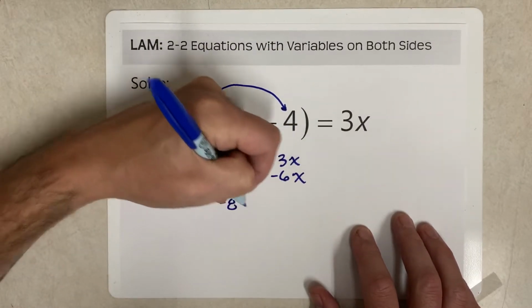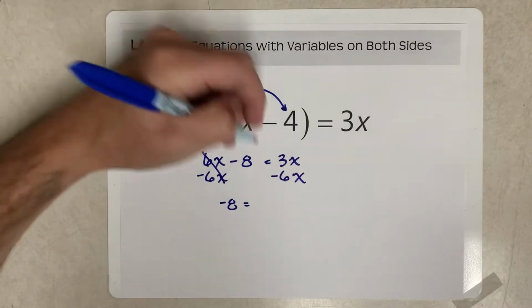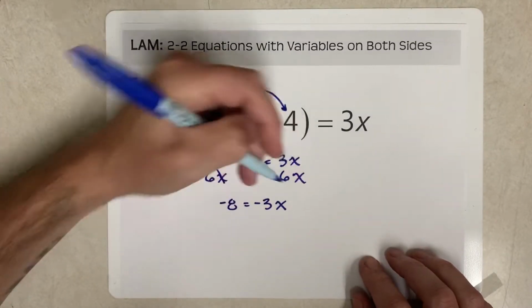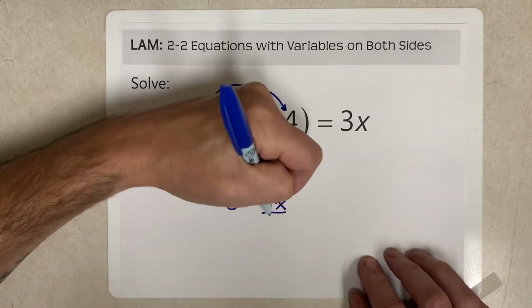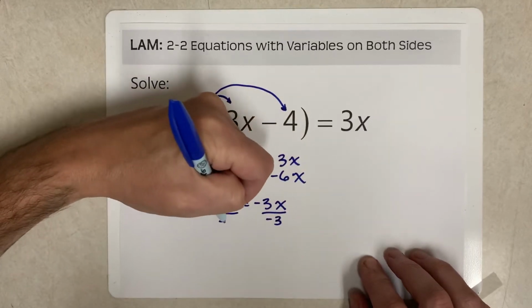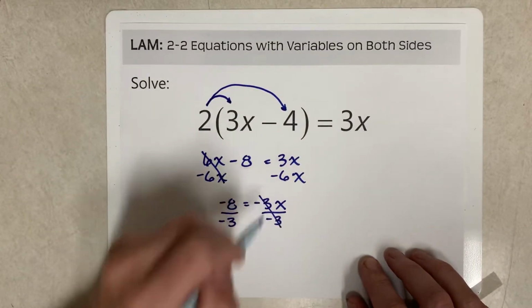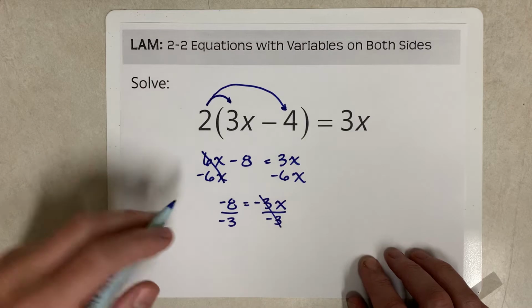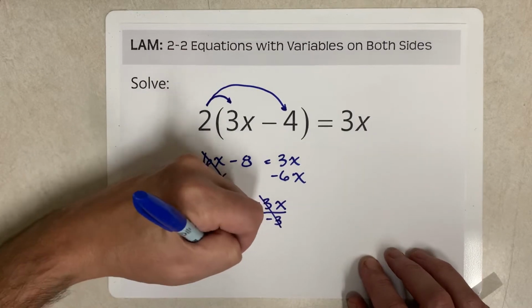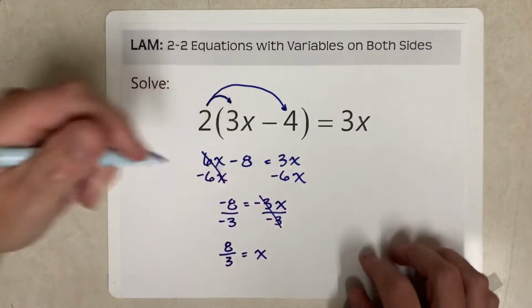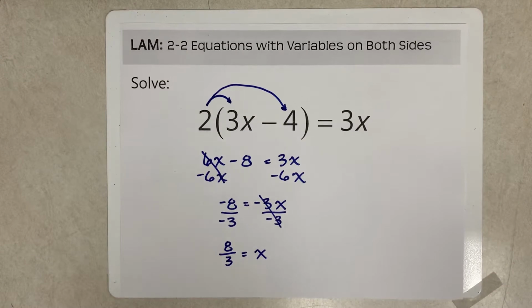Negative 8 is equal to, and 3 take away 6 is a negative 3. Now I'm going to divide both sides by negative 3. Those cancel. Negative over negative is positive. So 8/3 should be my final answer for that one.